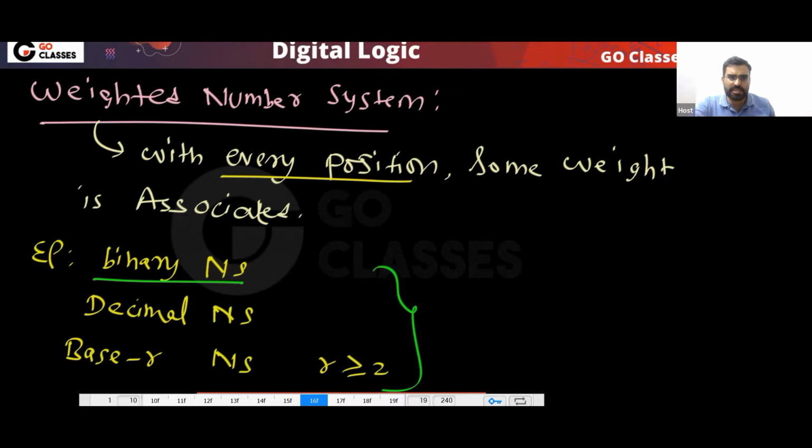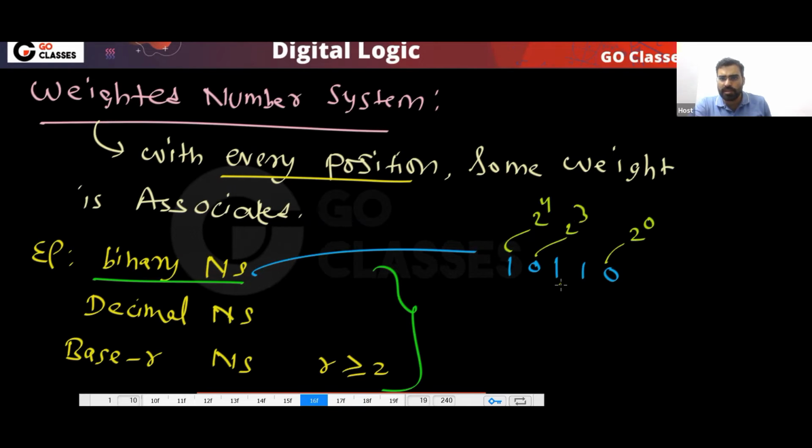The binary system is a weighted system, because if I give you a number like 10110, you can notice that every position has a weight associated: 2 power 4, 2 power 3, 2 power 2, and 2 power 1. In this binary number system, every position has a weight.